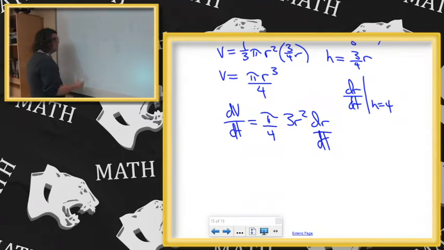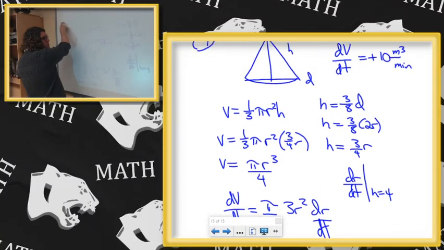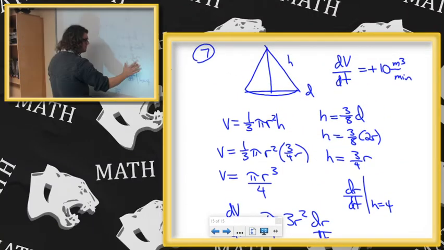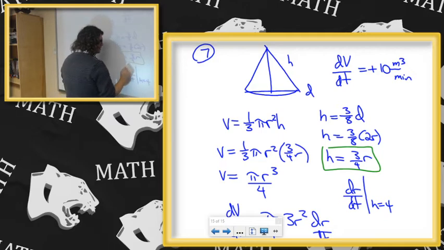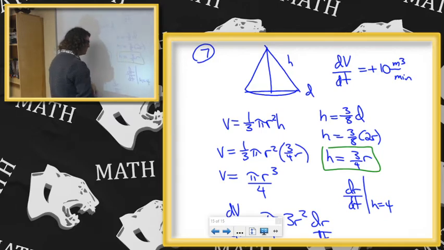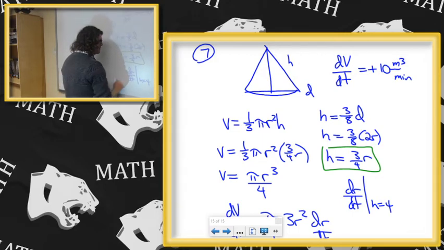So what we want to know is specifically what the value of this is when h is 4. So I need to know what r is when h is 4. Let's back up to where h is equal to 3/4 times r. If I moved the 3/4 across, it's 4h over 3.